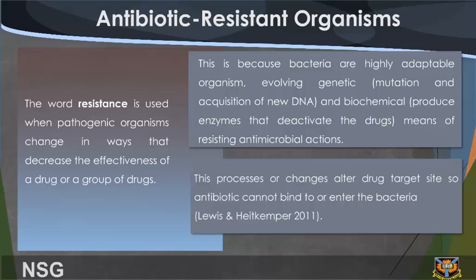Antibiotic-resistant organisms. The word resistance is used when pathogenic organisms change in ways that decrease the effectiveness of a drug or a group of drugs. This is because bacteria are highly adaptable organisms, evolving through genetic mutation and acquisition of new DNA, and biochemically produce enzymes that deactivate the drugs.